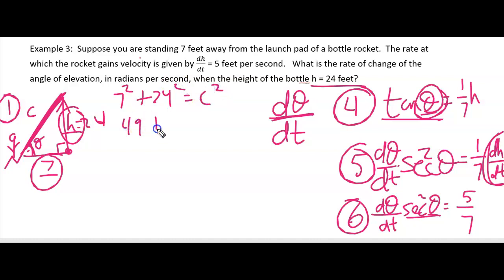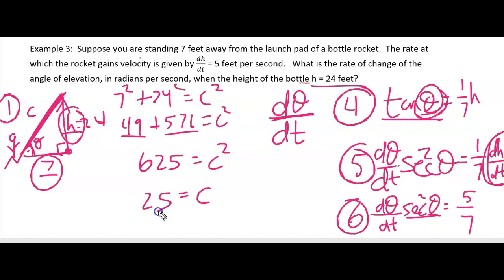This is 49 plus 576 equals c squared. If I add these two things together, I believe we get 625. And then if I take the square root on both sides, I get 25. So now I know that my hypotenuse is 25.